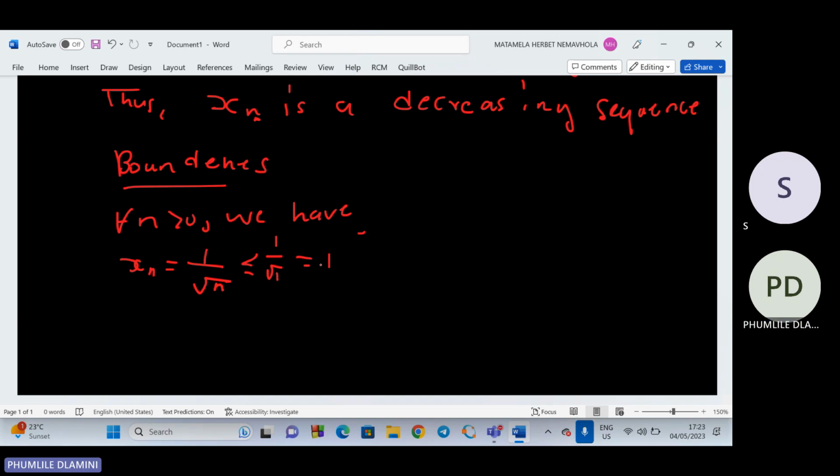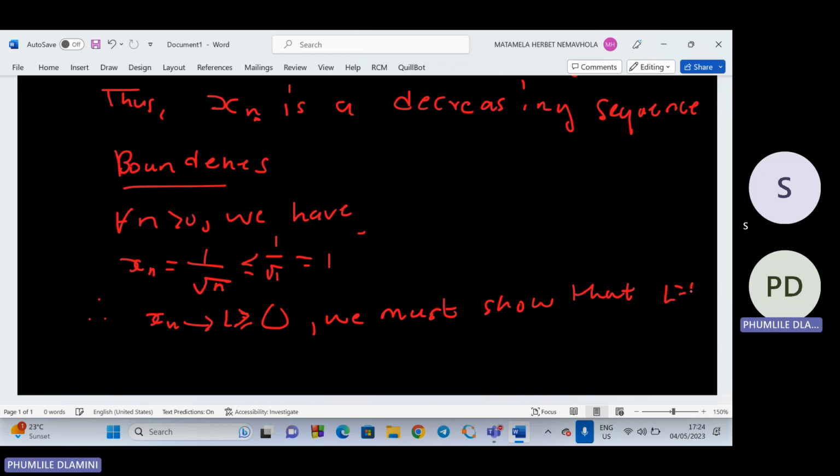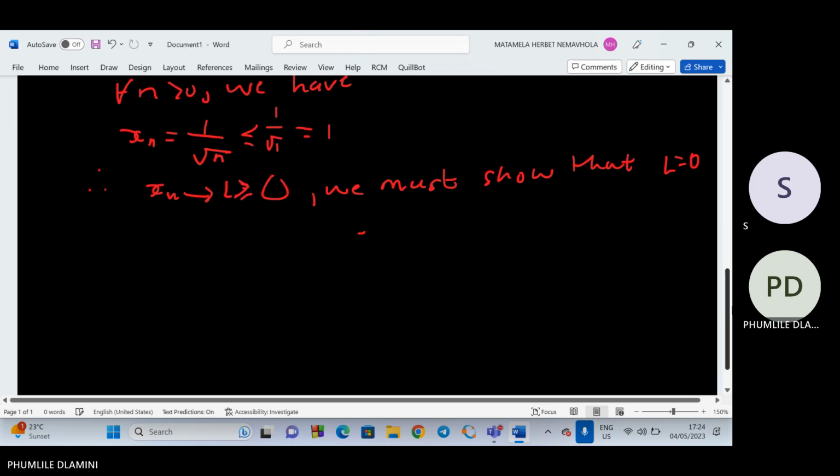So now, therefore, we are going to say for xn that approaches L, where L is greater than or equal to 0, we have to show that this L is equal to 0. That is the purpose of the proof here. We must show that this L is equal to 0.